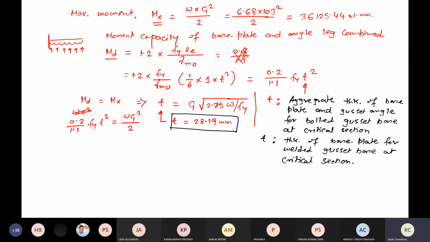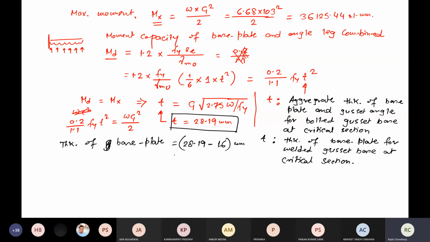Okay, so T is becoming 28.19. So the thickness of the base plate is becoming 28.19 minus 16, that is the thickness of the angle, that much mm.